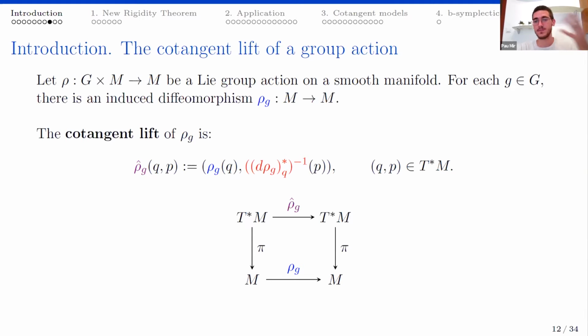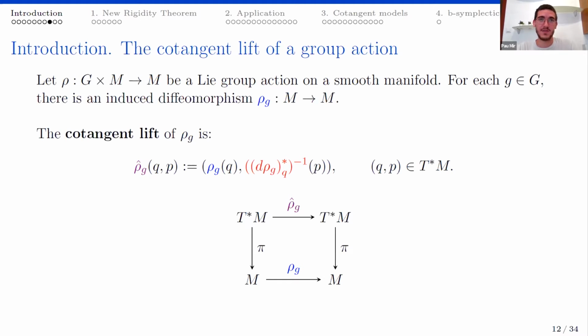This cotangent lift has some super interesting properties that we will see some of them. It's a really rich tool to deal with physical problems, with physical systems, and we will compute some explicit cotangent lifts of some actions in order to see that it's not difficult to compute in general.